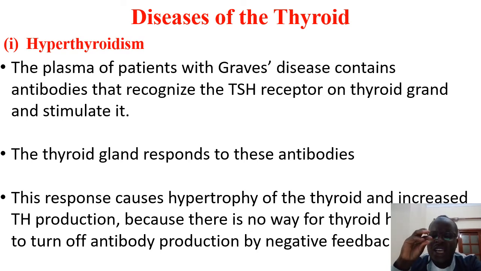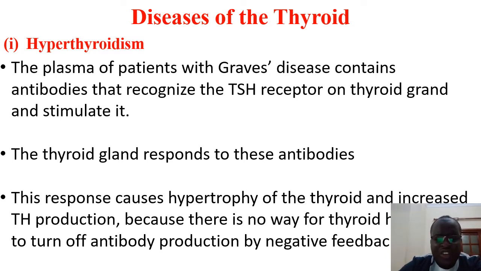So these antibodies are produced by the immune cells, the white blood cells, that's why it's called an autoimmune disease. So your own white blood cells are producing antibodies that can go and bind to thyroid stimulating receptors on the follicular cells. Then the follicular cells are overstimulated.